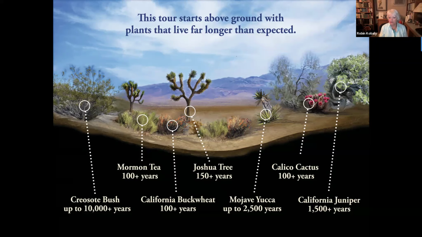Things like our California juniper can live very well upwards of 1,500 years, or possibly even more. Actually, probably there are some that we think are approaching 3,000 years based on Dr. Vasek's work. And even some of the small plants like our Mormon tea or California buckwheat.